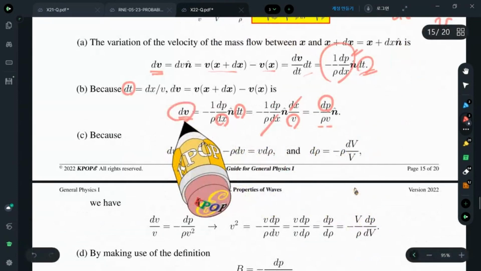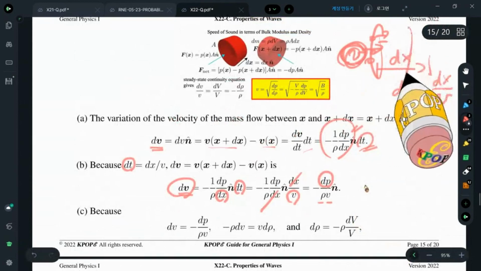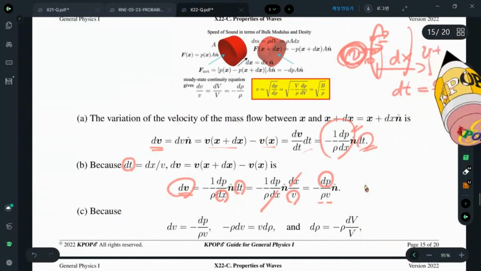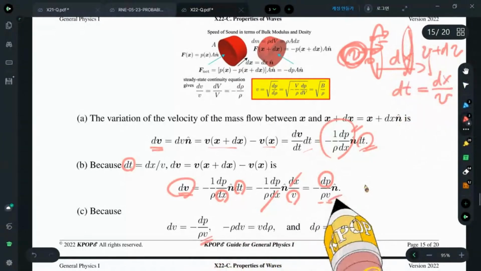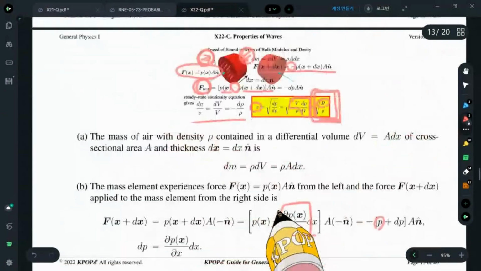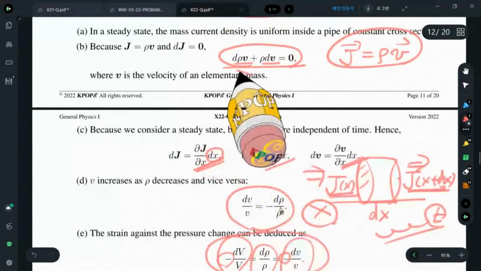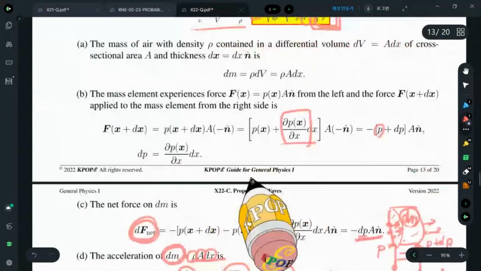Now, the change in velocity: there is a v, and this is v plus dv on the right side. This one we have obtained, and this is coming from the continuity equation. What is the continuity equation? In this continuity equation, the product is always conserved.